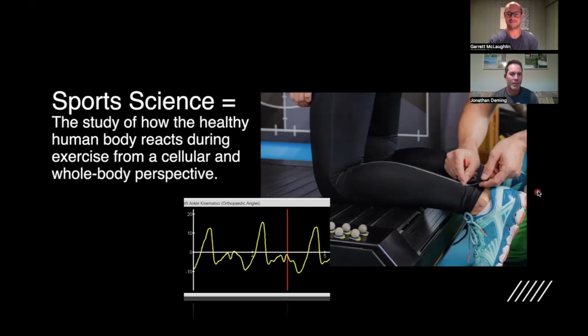So sports science, by definition, as you can see on the slide here, is the study of how the healthy human body reacts during exercise from a cellular and a whole body perspective. That's just a definition I took, generally speaking. But there's a number of different factors that go into that, right?